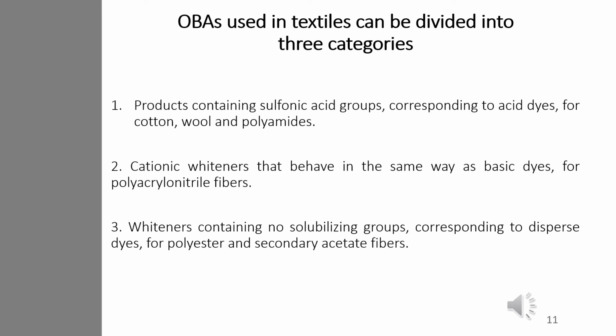So this category is suitable for the disperse dyes. This is useful for polyester and secondary acetate fibers. So the optical brightening agents are divided into the three categories. One is the product containing sulfonic acid groups, second is the cationic whiteners, third is the whiteners containing no solubilizing groups.